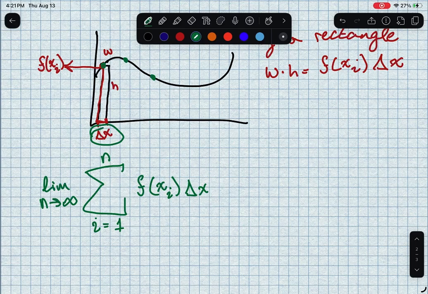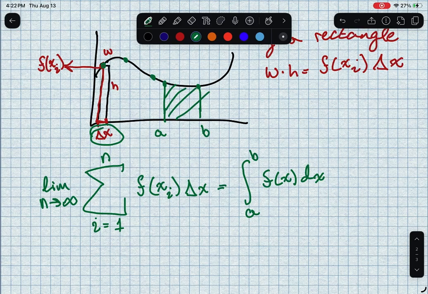Remember, we're taking the integral on some interval ab of f of x dx. We have this interval ab, and we want to find this area. How would we pack up infinitely many rectangles in a finite space?